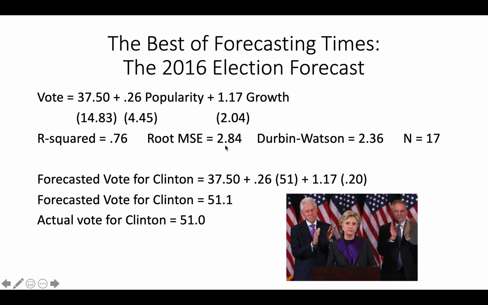Low error in forecasts. And I want to introduce you to something called the Durbin-Watson statistic. So in these forecasts, the data sets are time series data sets, which means that the cases are not like geographic areas or individuals, but they're time points. So the 1948 election, the 1952 election, the 1956 election, all the way through to the current election for which we have data.